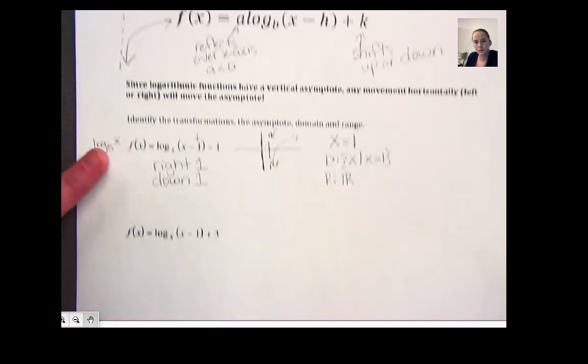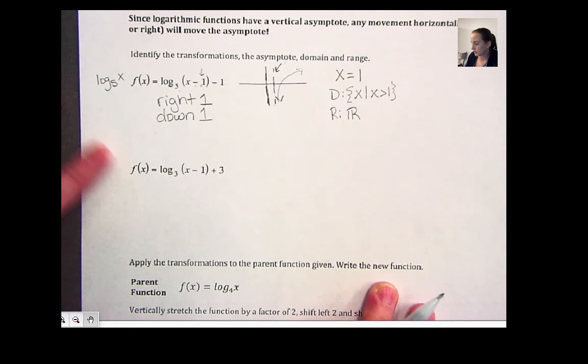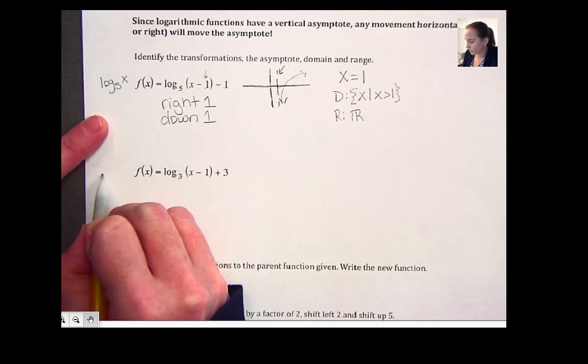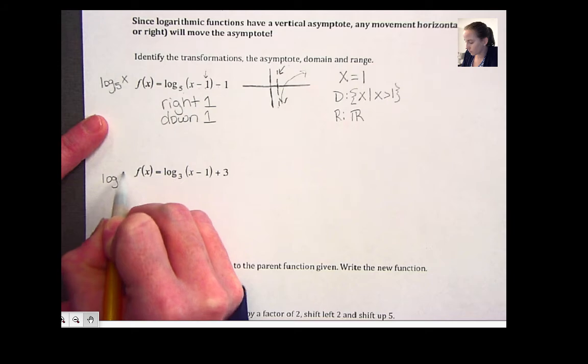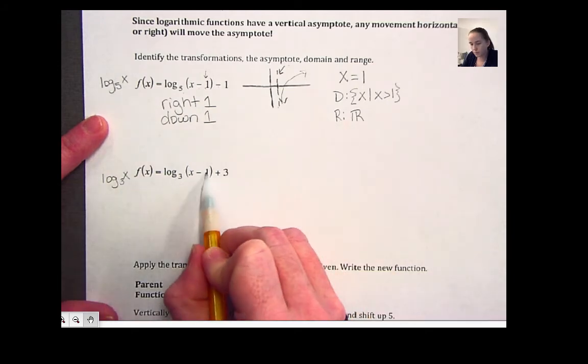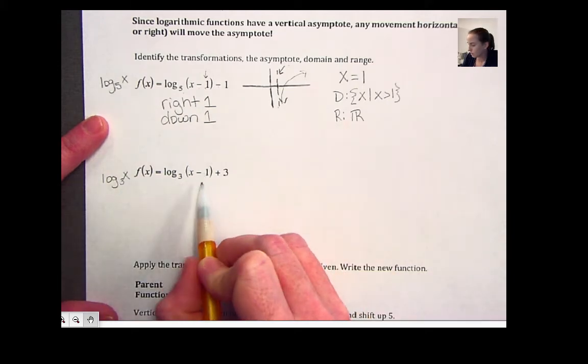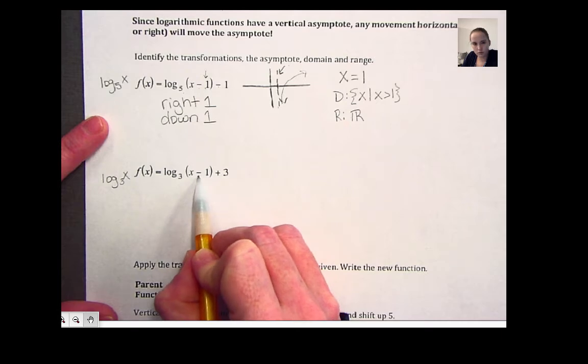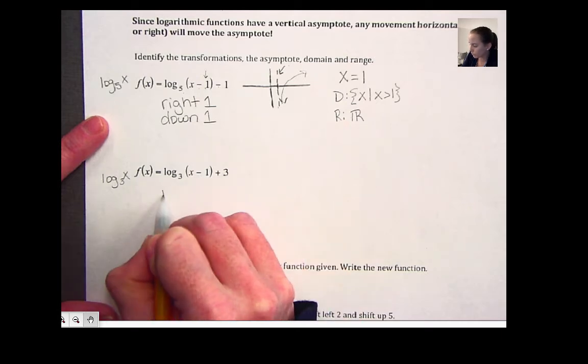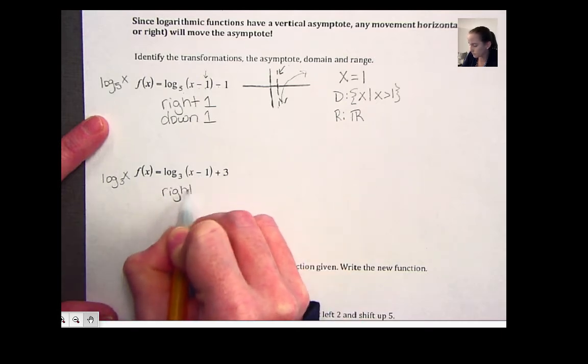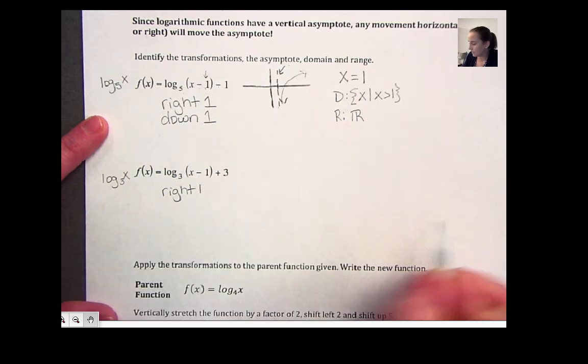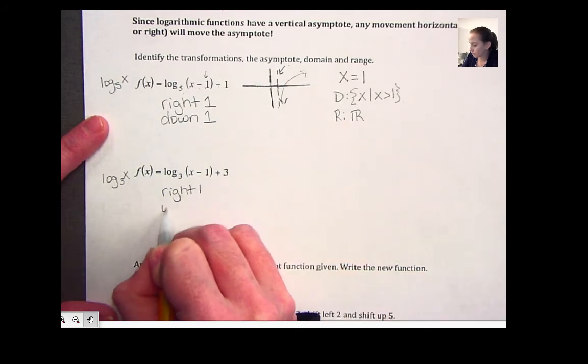Okay, let's try another one. The parent graph here would have been log base 3 of x. There's something happening on the inside here, minus 1. We think inverse, so we think to the right one. And then outside here, we went up 3.